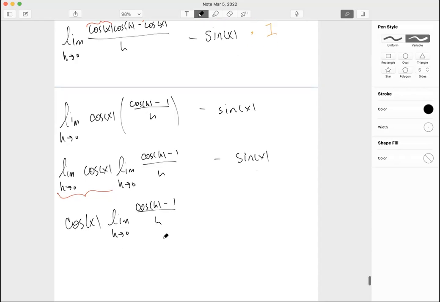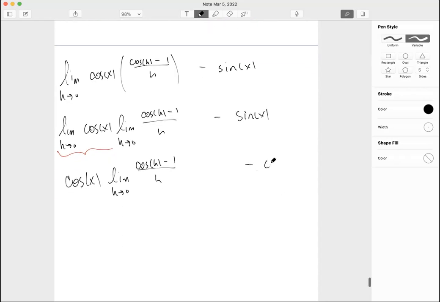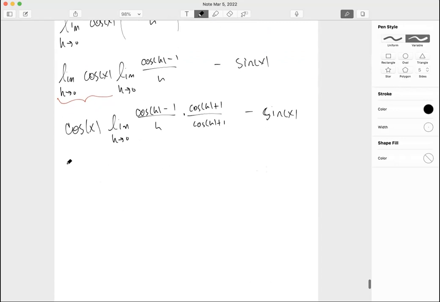Okay. So for this one, I remember you multiplied by the numerator conjugate. Yeah, the conjugate: cosine of h plus 1 over cosine of h plus 1. So the numerator becomes, what is it? Cosine squared of h minus 1.